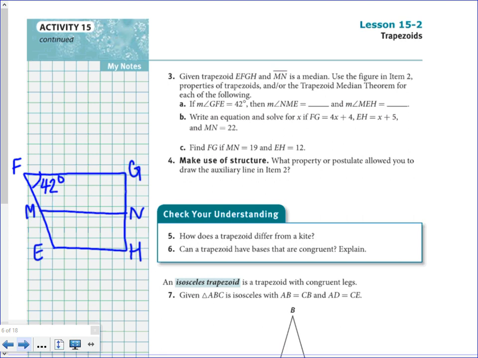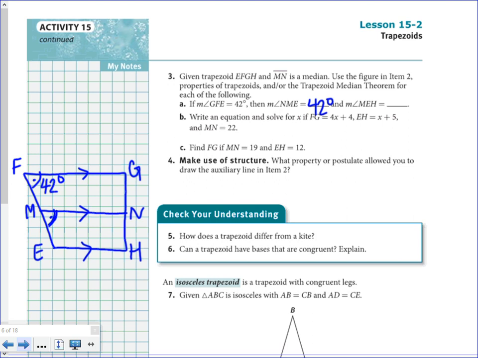And they want us to find the measure of angle NME. These lines here, all three of these are parallel. And so this angle and this angle are called corresponding angles. And when you have parallel lines, your corresponding angles are congruent. So the measure of angle NME would be 42 degrees.